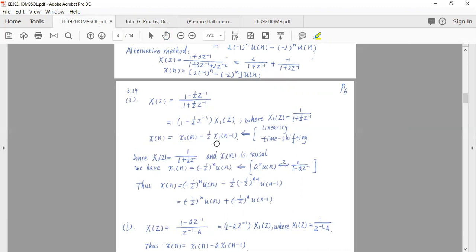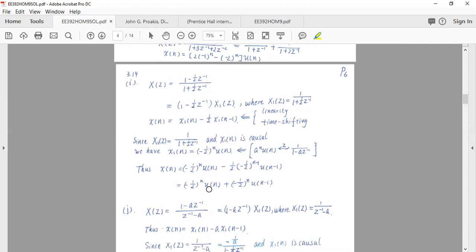And then in place of x1 of n minus 1, in place of n we substitute n minus 1, and we substitute that into this particular term. So we'll get negative half to the power of n minus 1 u of n minus 1. So basically this particular term is delayed by 1 unit and it is multiplied by negative half. So that is what we get over here. So basically the overall x of n signal can be rewritten as this particular term over here.